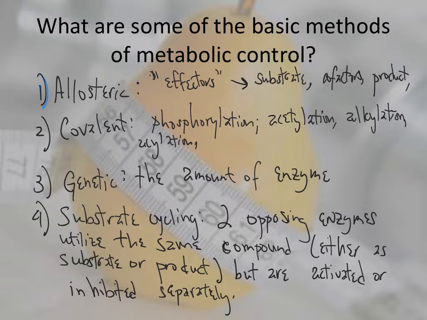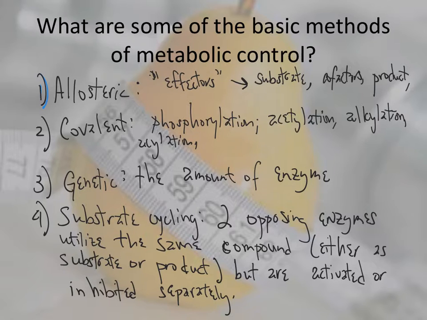So for example, when we were talking about PFK1 versus FBPase, fructose 1,6-bisphosphatase, they have their opposing. They utilize the same, like the product of phosphofructokinase, PFK1, is the substrate for the opposing enzyme, but they are activated or inhibited by different things.